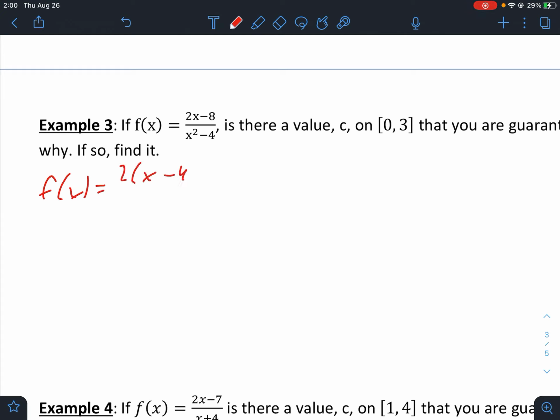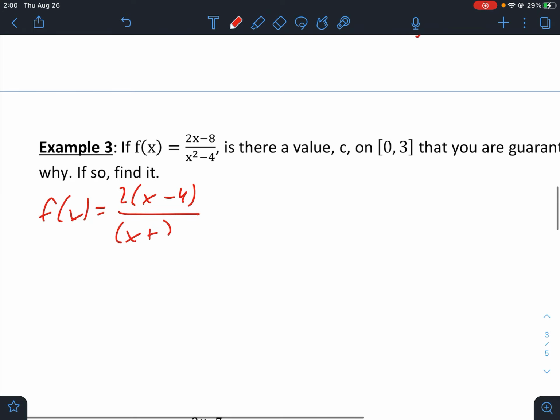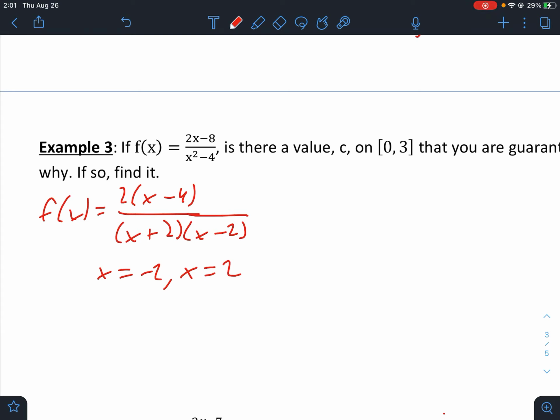Okay, so let's see where it is not continuous. If we factor, we get 2 times (x minus 4) over (x plus 2)(x minus 2). So this function is not continuous at x equals -2 and x equals 2. We have to check and see if either of those are on the interval we're looking for here. And yes, one of them is.